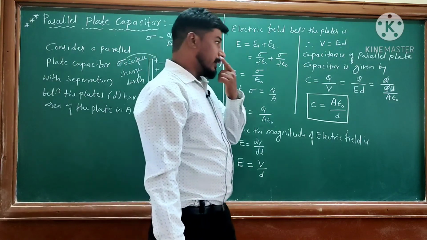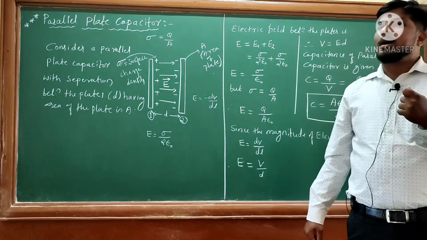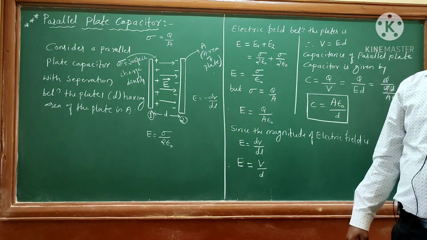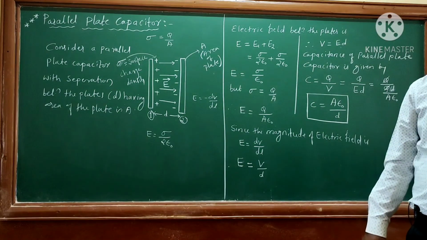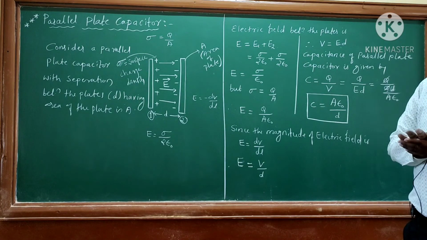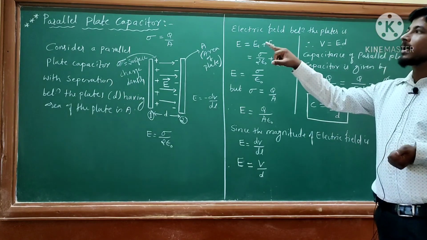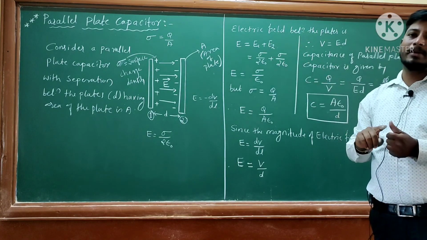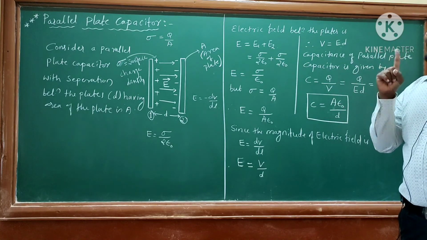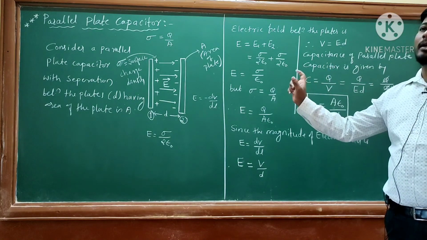Or they also ask in the examination for 2 marks: on what factors the capacitance of a parallel plate capacitor depends. So here are the factors: the area of the plates. By increasing the area of the plates, we can increase the capacitance.